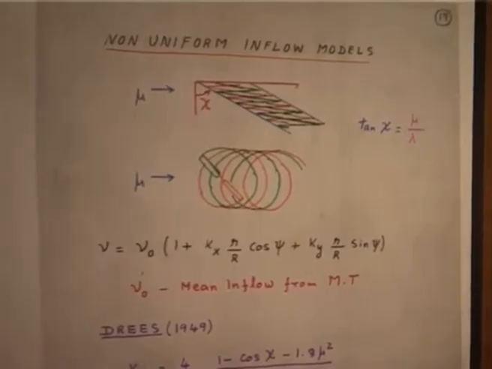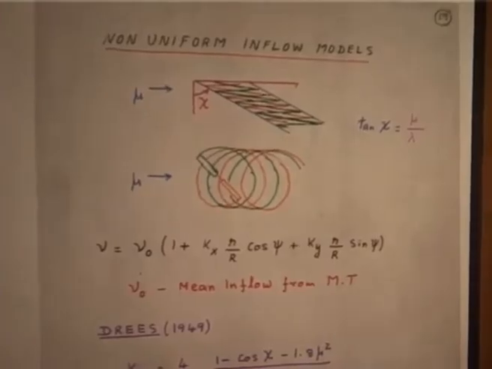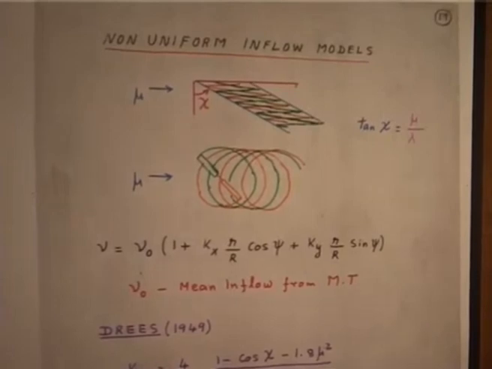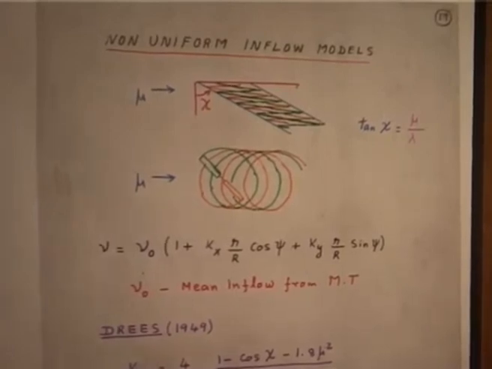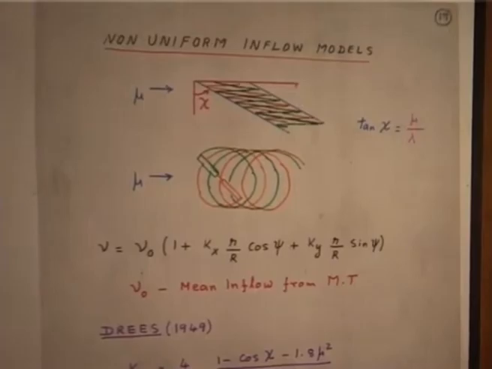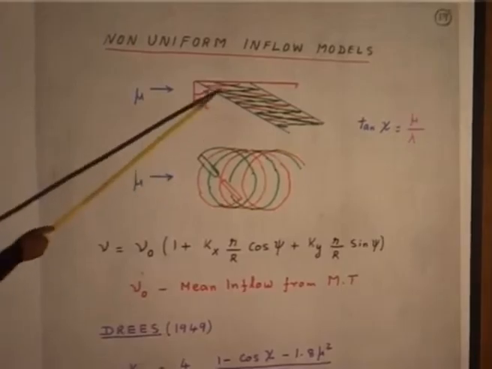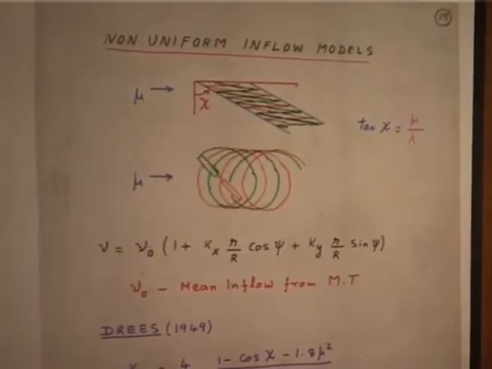But if you make the assumption that my loading is constant, that means my circulation gamma is constant over the span of the blade, that means you will have only the tip vortex. And the tip vortex is what is shown here. Each blade will give one, and they may go and interact with the other blade. So you will have a lot of helices intertwined.